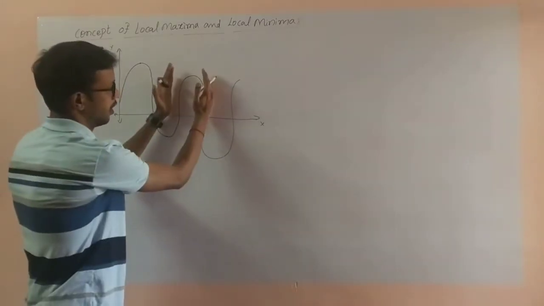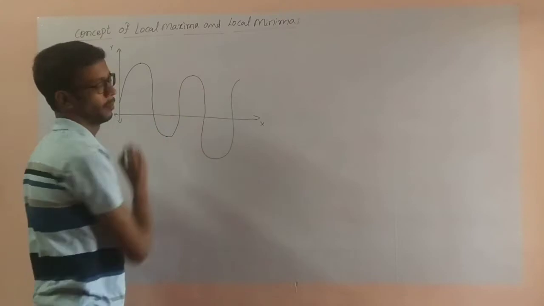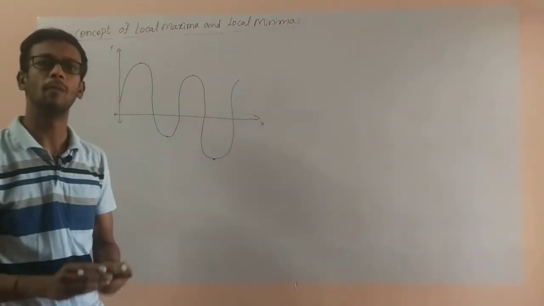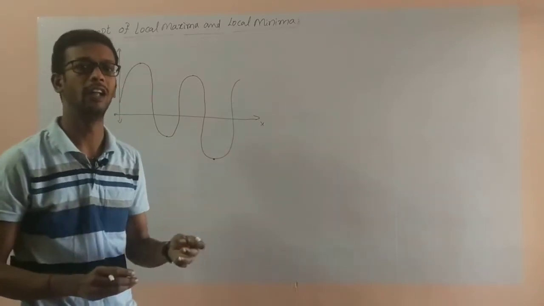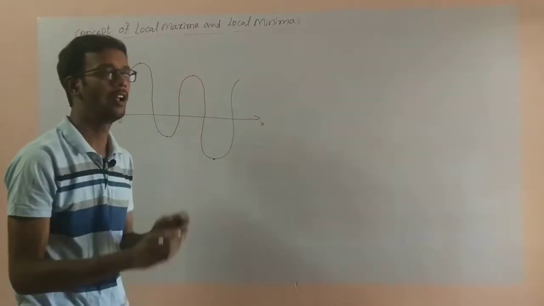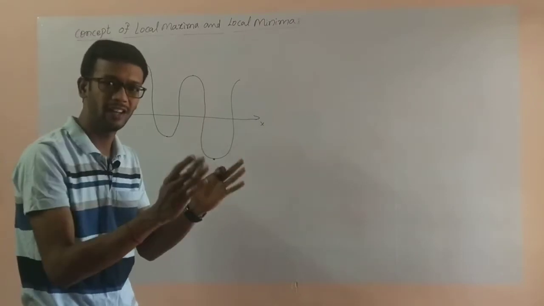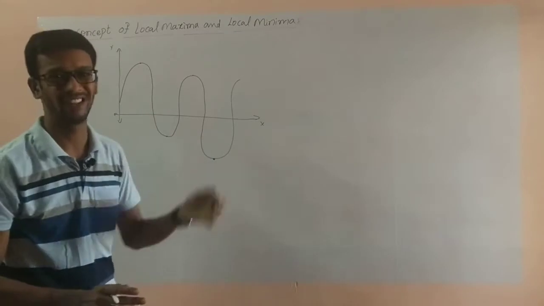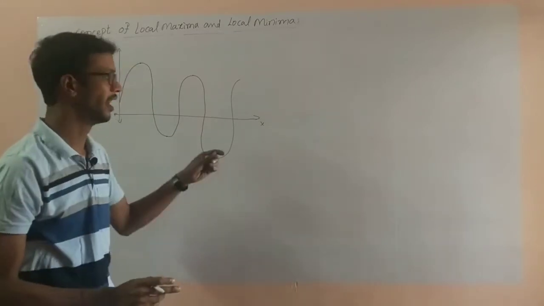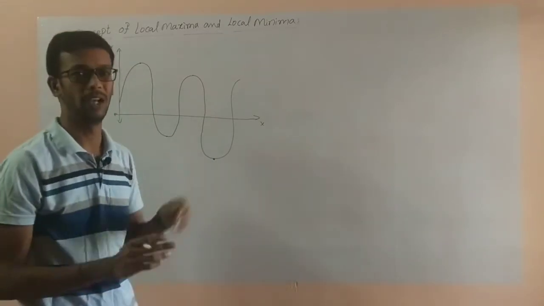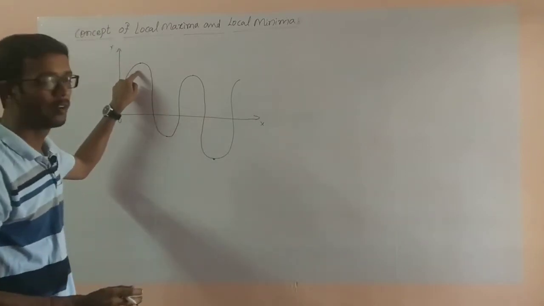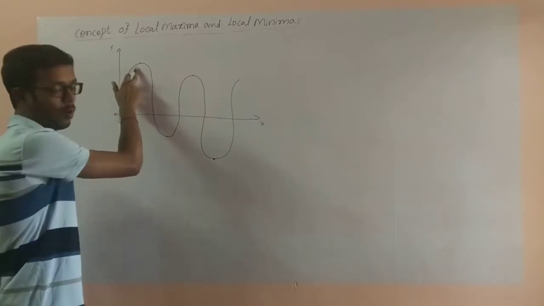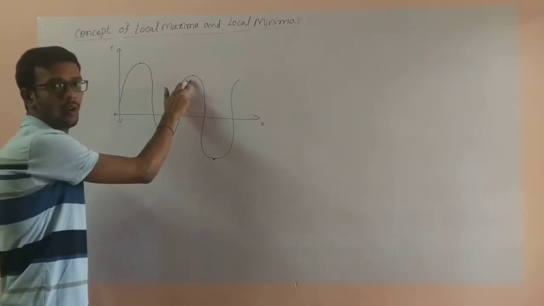If you are seeing this portion, this is also a maximum. This is a minimum. Again, this is a maximum. So there may be one maximum value in one particular interval. If we divide the interval into different sub intervals, you will get one more maxima, one more minima, n number of maximas and n number of minimas. That type of maxima is called local maxima. This is a local maxima. This is also a local maxima.